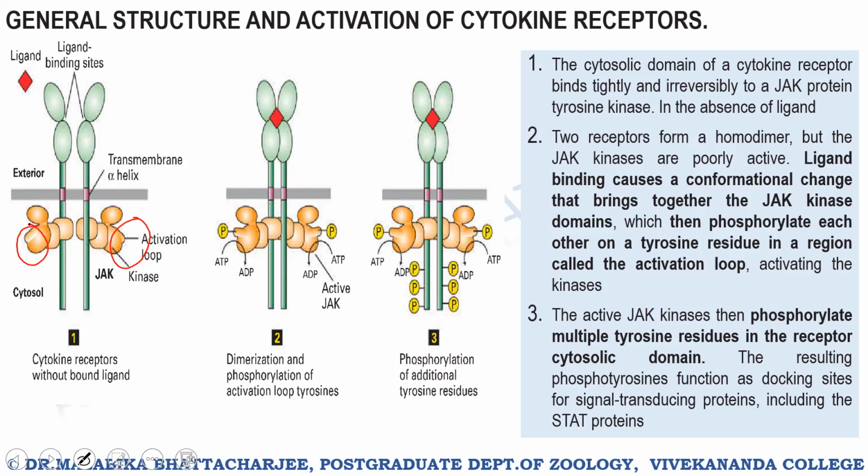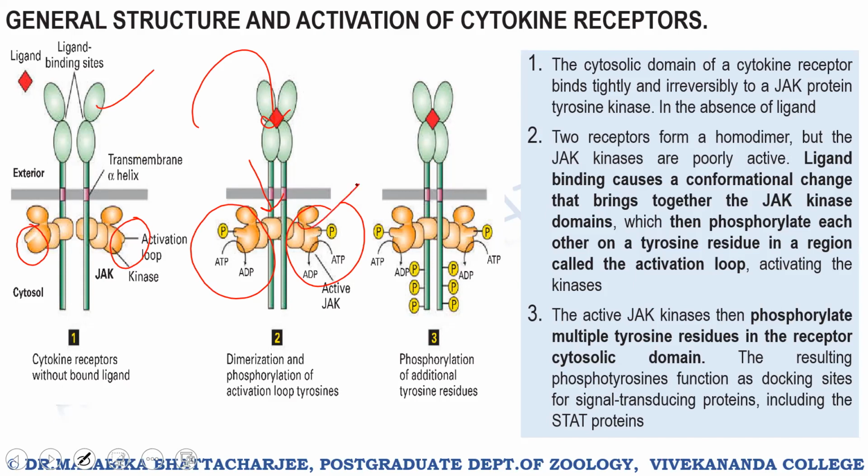They are present as dimers, you can see, but they are not activated. The moment ligand binds, there's a conformational change occurring here. As a result of this conformational change, the kinase domains of the JAKs are activated and they phosphorylate each other on the tyrosine residue in a region called the activation loop.